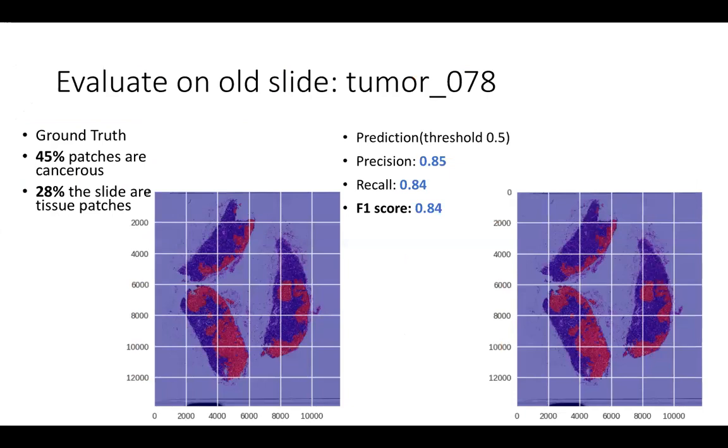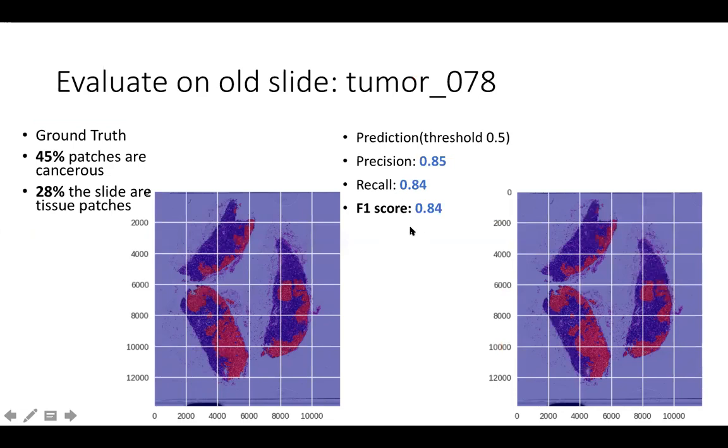This is the evaluation result on an old slide, tumor 078, which I utilized to extract patches. Here, 28% of the original slide are tissue patches, and among those, 45% of the patches are cancerous. Here's a visualization overlaying the mask on the tumor imaging slide.